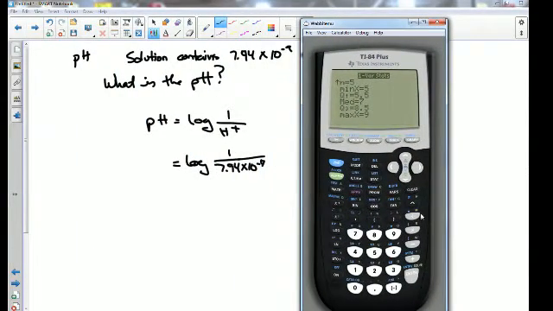Okay, so clear that mess. Log, 1 divided by, put it in parentheses just to be safe. Negative 9.899820502.